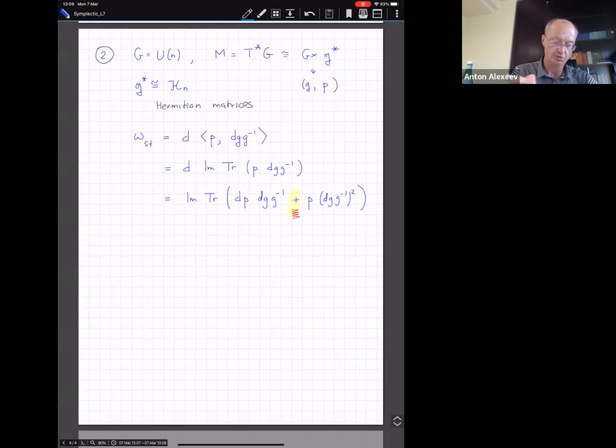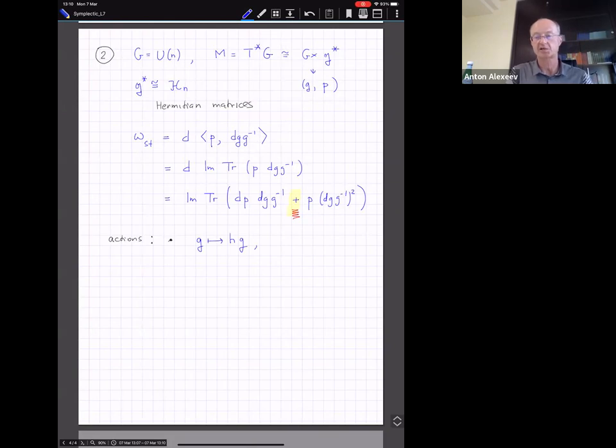So in fact, there are two actions. And the first action is like this. It looks somewhat complicated, but in fact, the calculations will be in some way easier for this one.